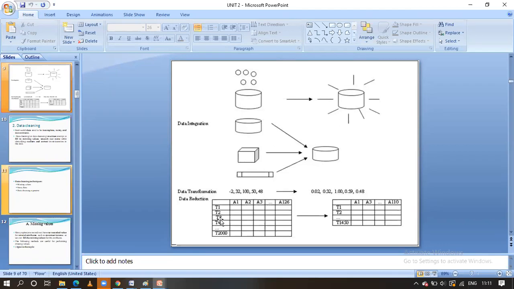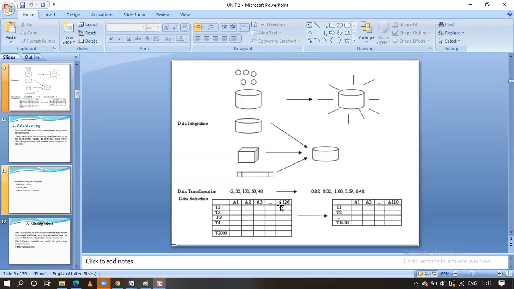And data reduction means we are going to reduce the overall content, guys. For suppose, in the input data we have attributes a1 to a126 and tuples t1 to t2000. We take only the relevant data, that is a1, a3, and a110 only.